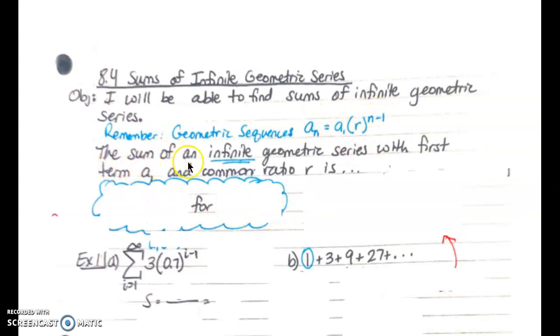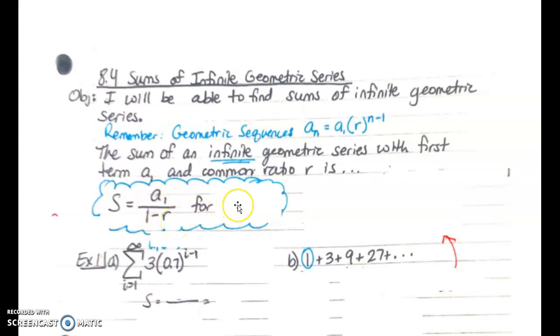The sum of an infinite geometric series with first term a sub 1 and common ratio r is found by the following formula: the sum S is equal to a sub 1, the first term, over 1 minus r. You'll notice that this is similar to the sum formula that we learned in 8.3, except now we don't have the top parentheses. It's just a sub 1 over 1 minus r.